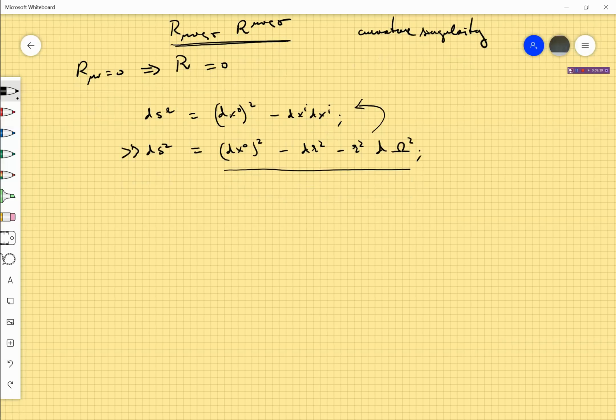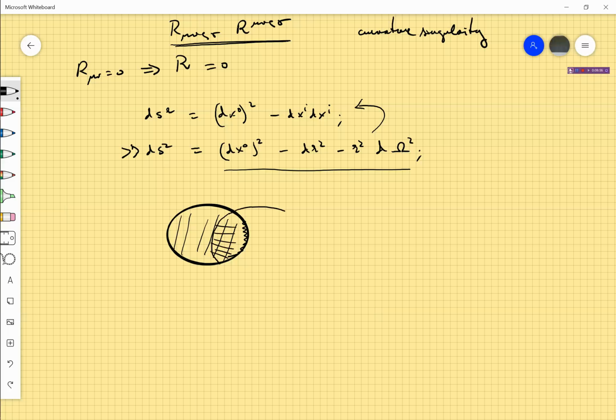A possible situation is that your coordinates are good in some region. You may have some singularity over here. Your coordinates are good in all this region, and then you switch to some other set of coordinates. This is a change of coordinates, so there must be at least an overlap in this region with the new coordinates.